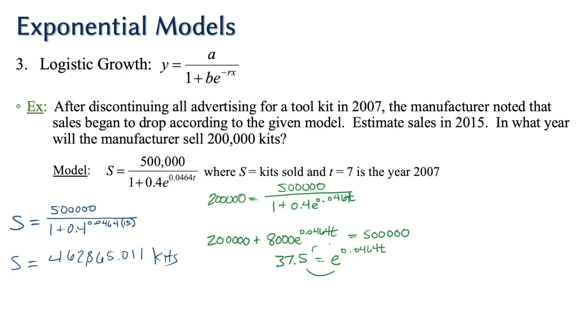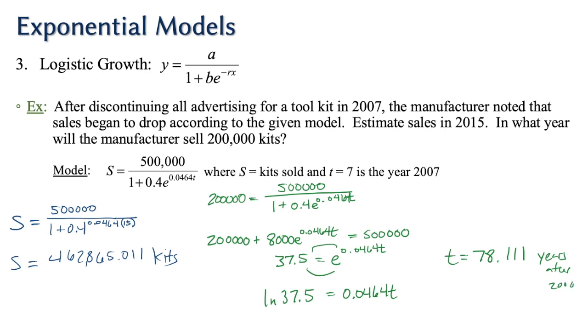That got it by itself. Now we do our rewrite: the natural log, log base e, of 3.75 is equal to 0.0464t. Our last step, dividing the natural log of 3.75 by 0.0464, tells me that t is approximately 28.111 years after 2000.